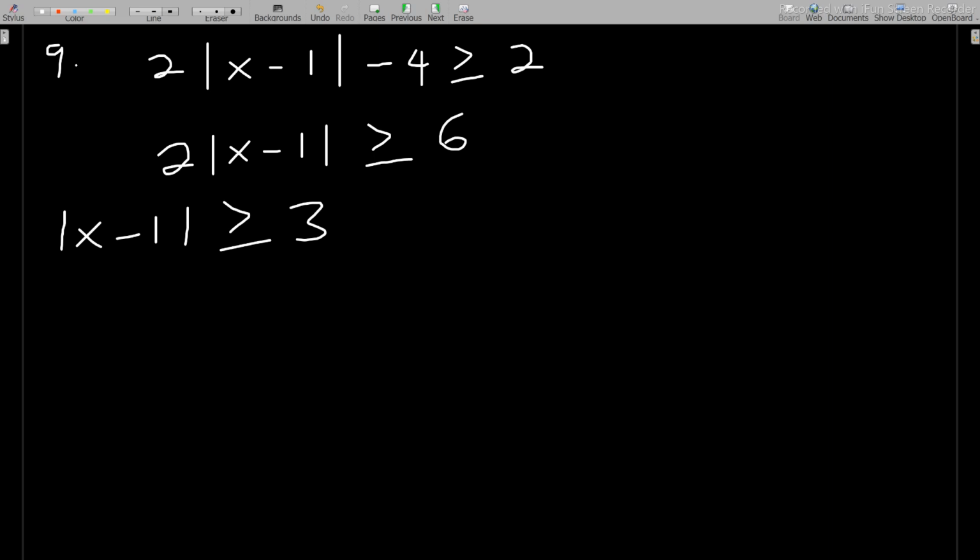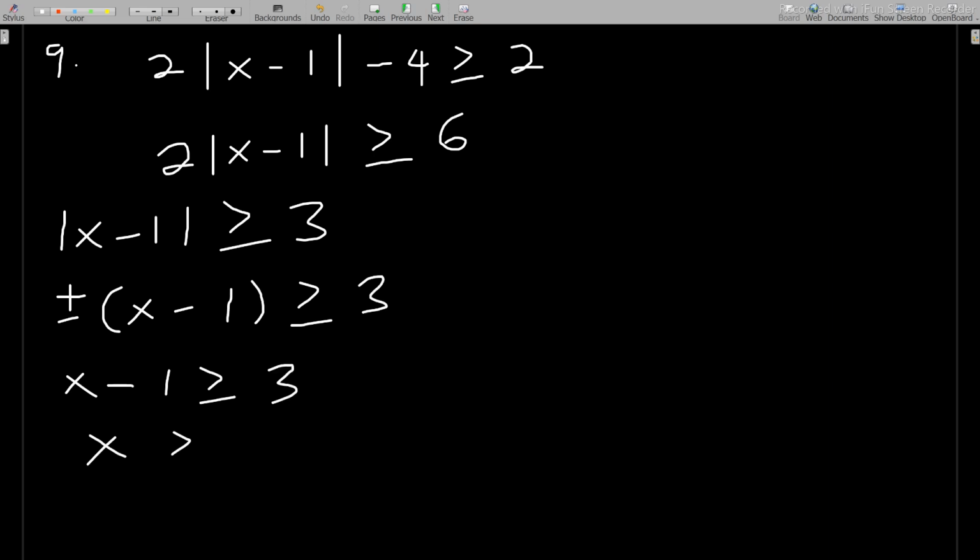Now with this, I just open it like what I first said, greater than or equal to 3. With the first one, the positive aspect, I have x minus 1 greater than or equal to 3, and x is greater than or equal to 4. So you are done with this. Then go to the next one. So for the negative, you have minus into x minus 1 greater than or equal to 3.